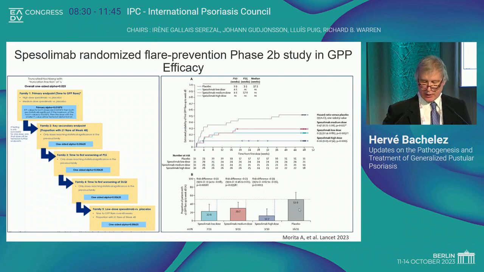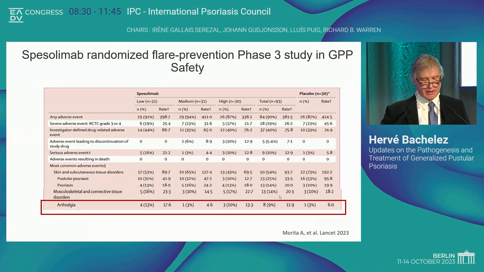Here, there was a clear superiority of the spesolimab high dose, with only roughly 10% of the patients showing one flare up to week 48, versus 51.6% of the patients receiving placebo. So this is a demonstration that it not only treats acute flares, but also prevents flares. The safety was good, with some arthralgia.